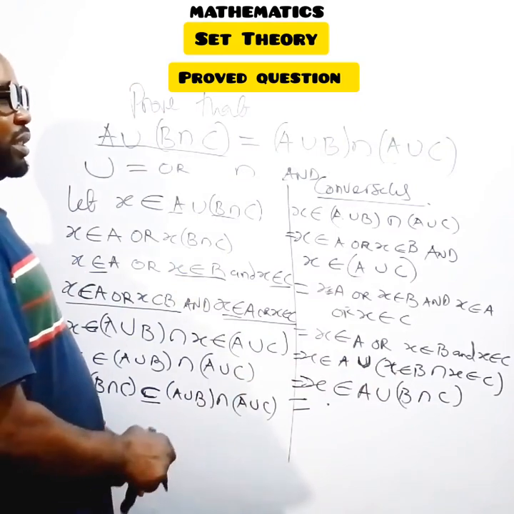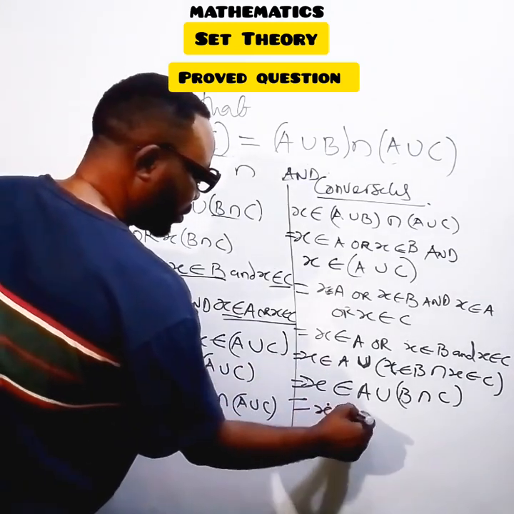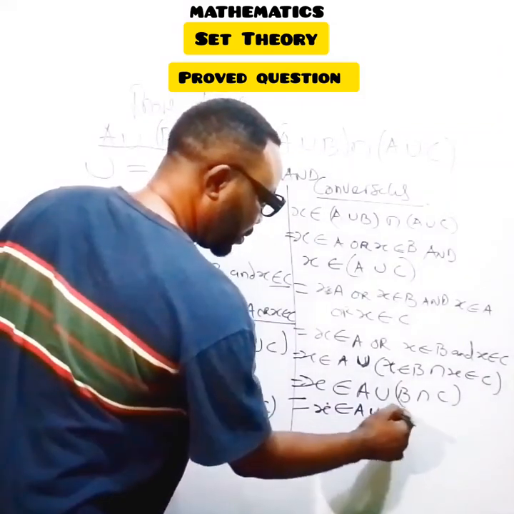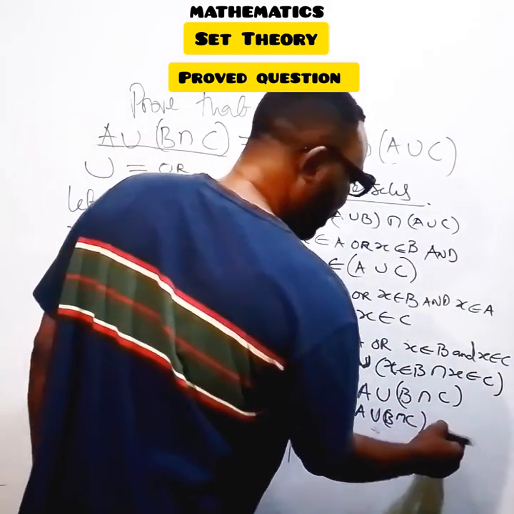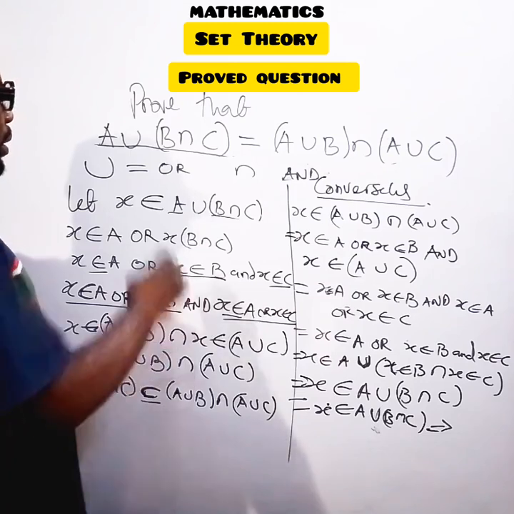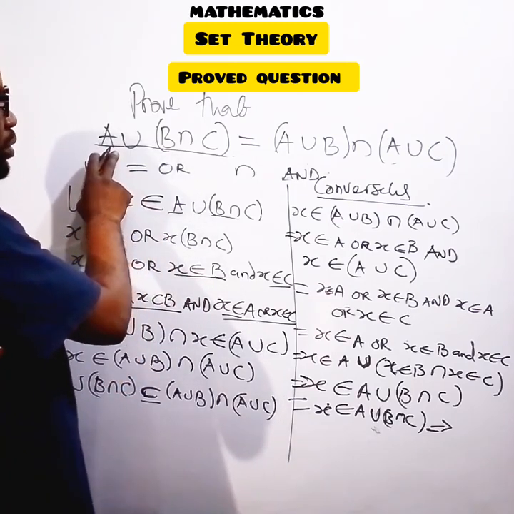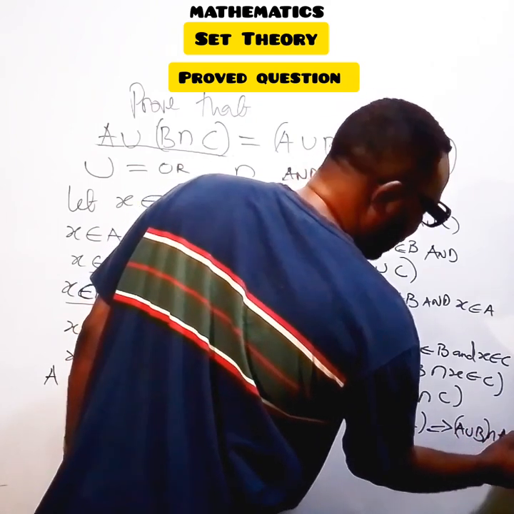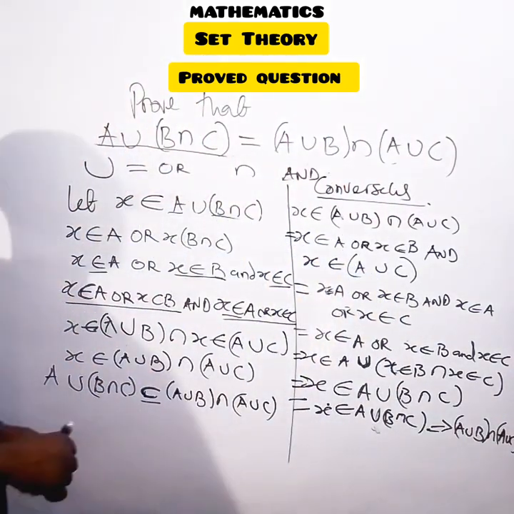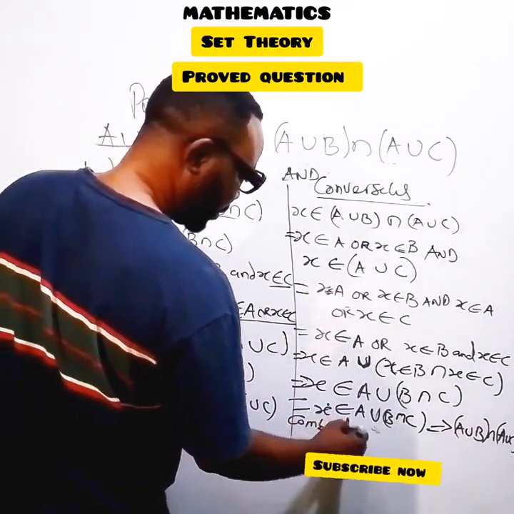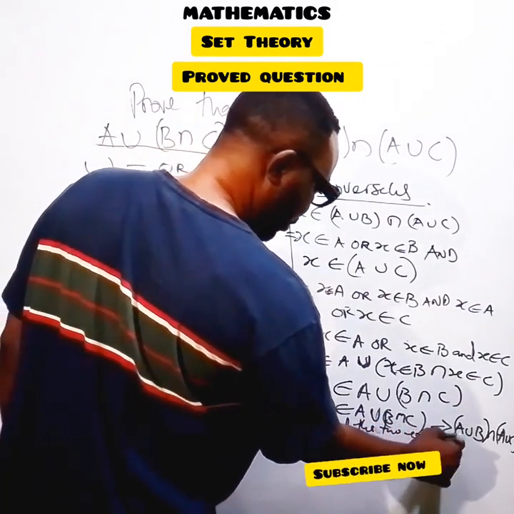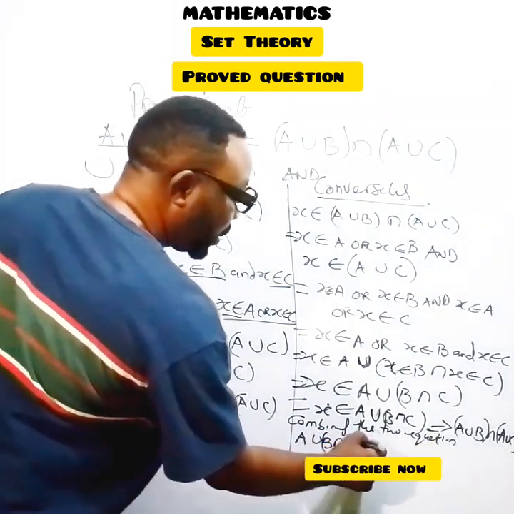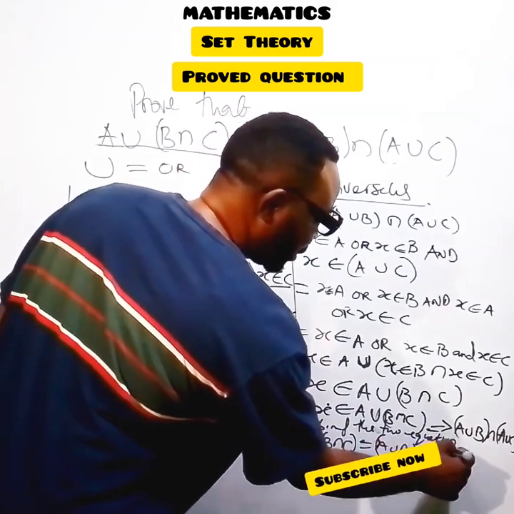We can now say that X is a member of A union B intersection C, which is equivalent to, you can see there, that's what we have gotten now, which is equivalent to A union B intersection A union C. So when you combine the two equations, we are going to have A union B intersection C is equal to A union B intersection A union C.